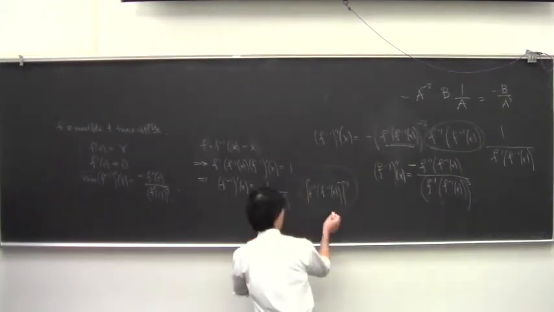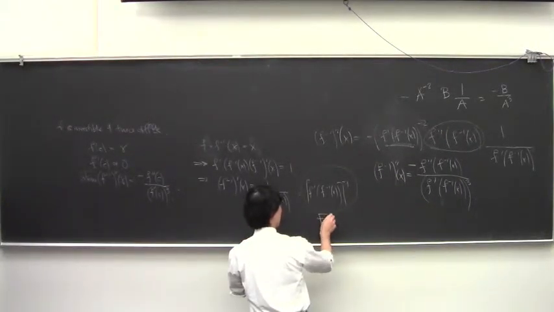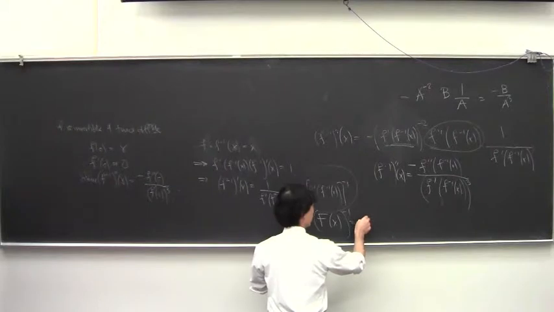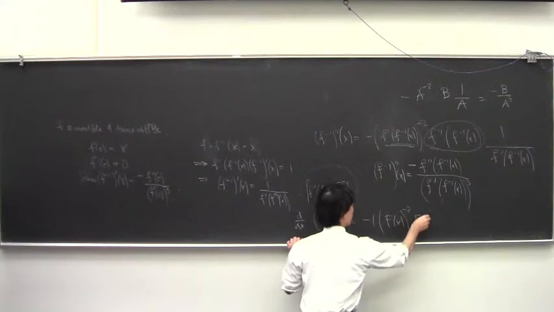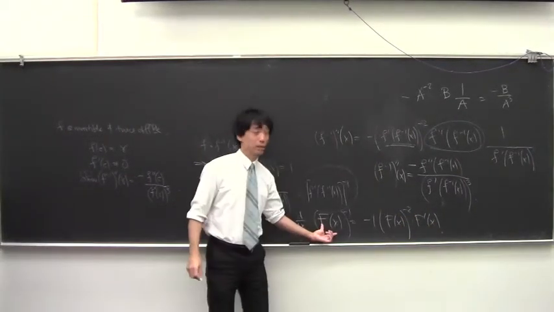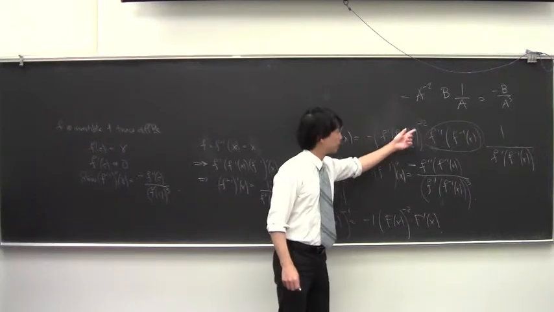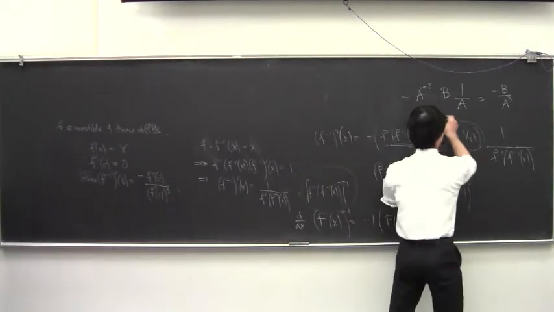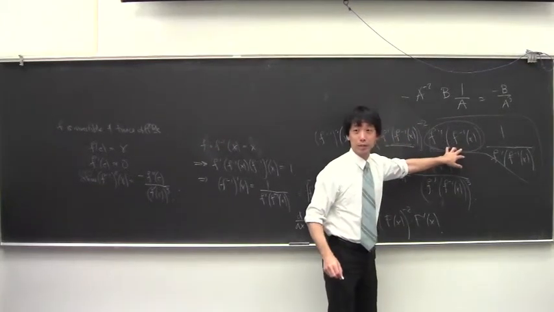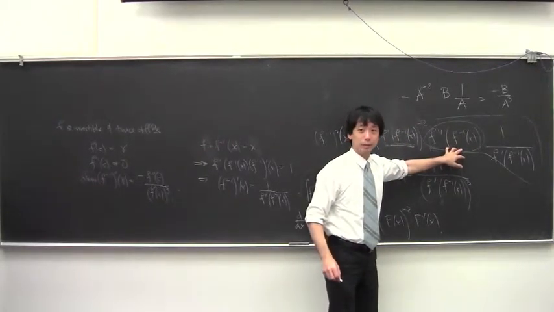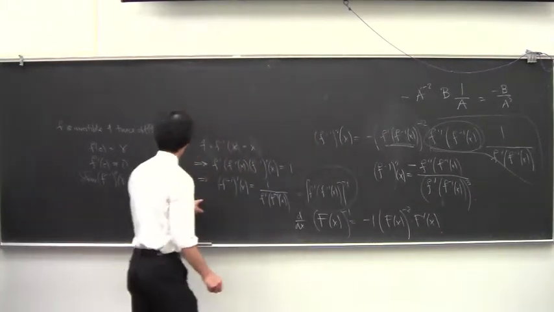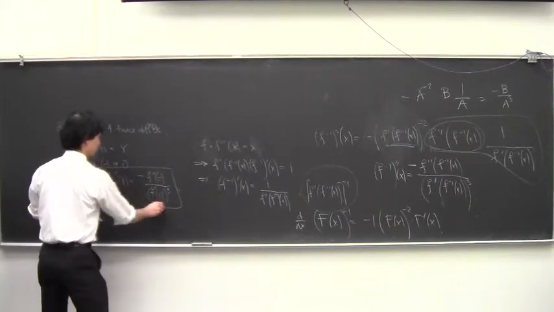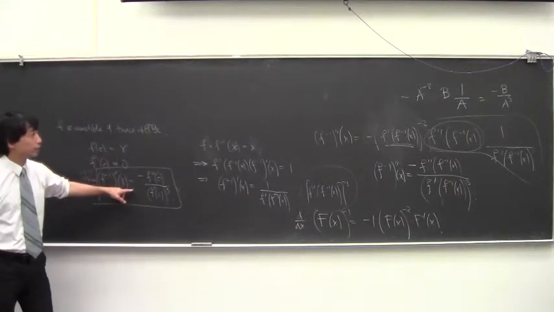We have something to the minus 1, and the derivative of that is negative 1 times this to the minus 2 times the derivative of that inside. So you have negative the something to the minus 2 times the derivative of the inside by the chain rule. The whole thing is the derivative. There you have it, exactly this thing here.